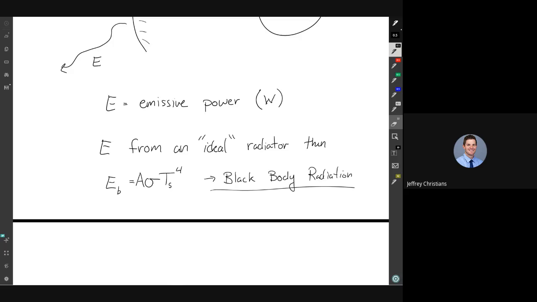But okay, so for something to be an ideal, perfect emitter, it's going to be what we call a black body. Now, this is a little bit simplified. Not everything that is a pretty close representation of a black body, as we talk about emission, is actually black.